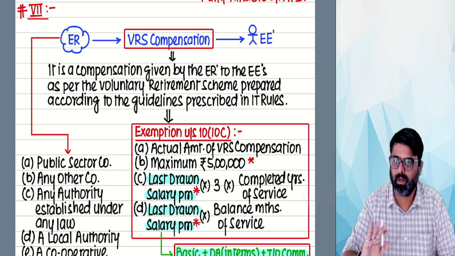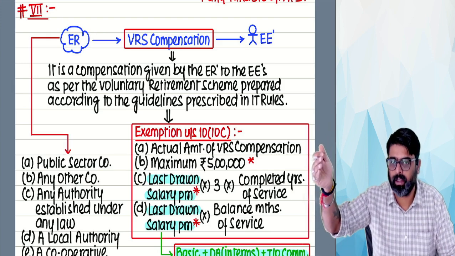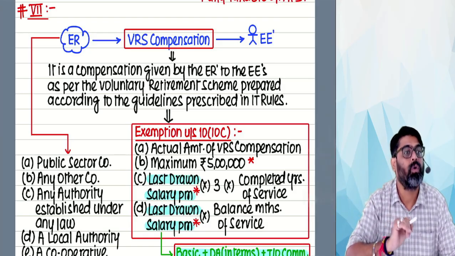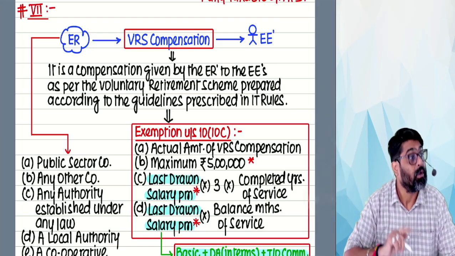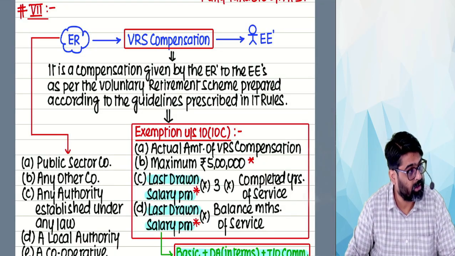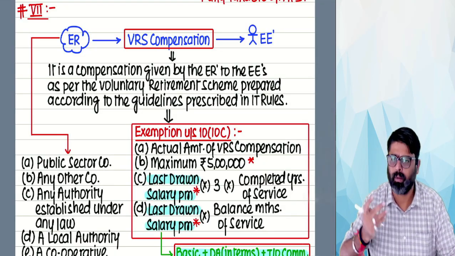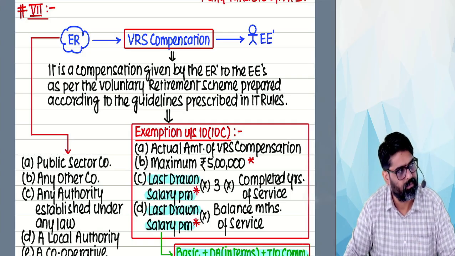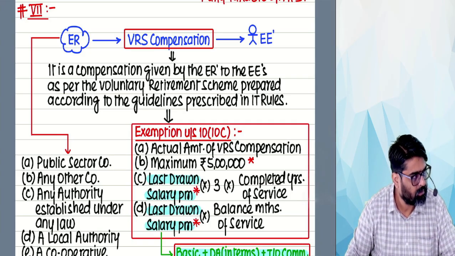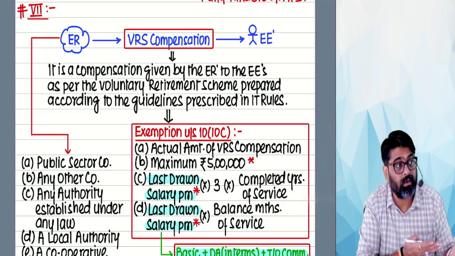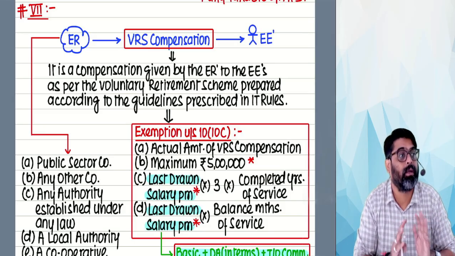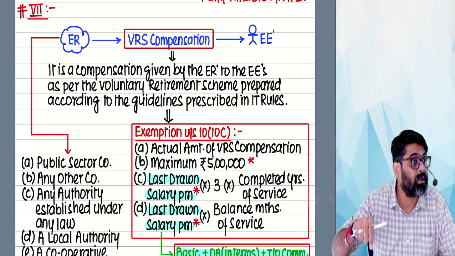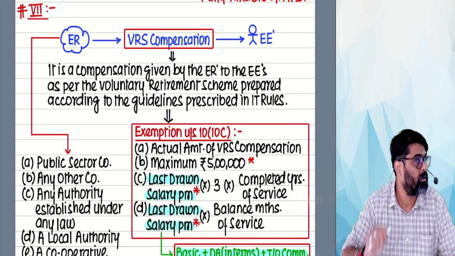You don't want to work till 60 years of age. Your retirement age was 60. What is your age right now? Only 50 years, 10 years of service still remaining. No problem. If you want to take the retirement right now also, you can take it. That retirement which you are taking voluntarily as per a scheme of voluntary retirement prepared by the employer.